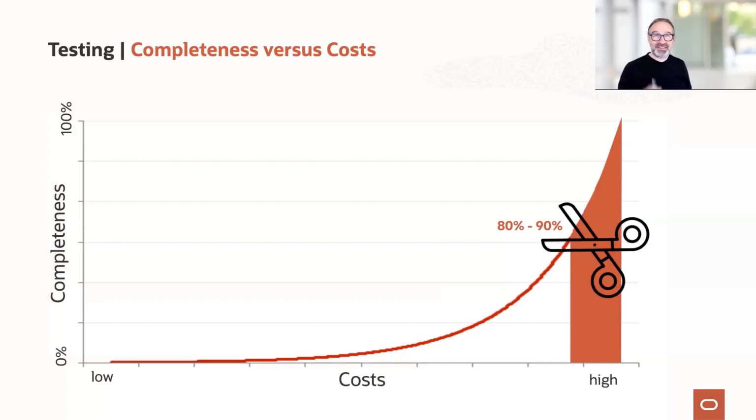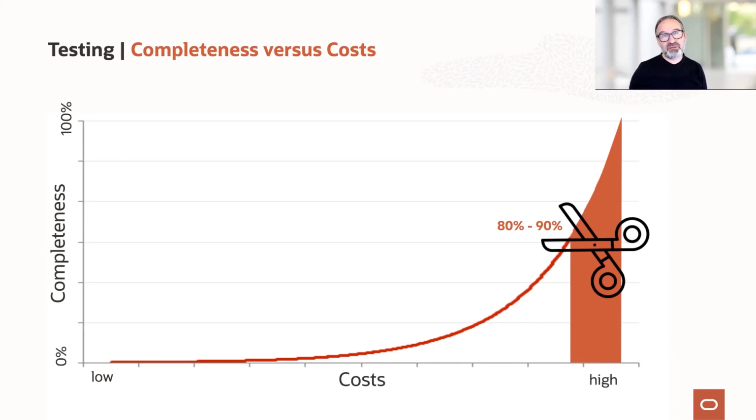And when you test, we work with customers globally. And in some countries, it's really a pattern that people want to reach test completeness. And then cycles take 3 or 4 years until you can go live. Don't do that for a very simple reason. We always try to reach something like 80 to 90% test completeness.